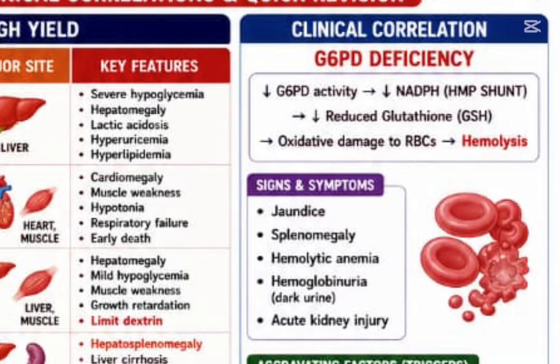There's a mutation in the gene that codes for glucose-6-phosphate dehydrogenase, and when there's a deficiency in that enzyme, what happens? There will be a decrease in NADPH formation.